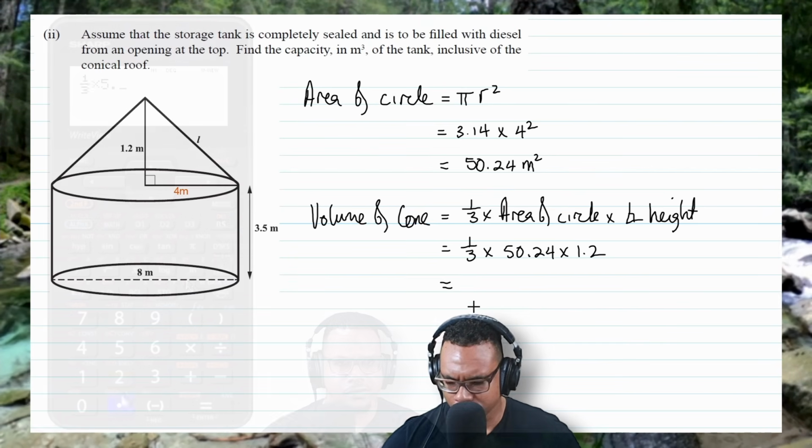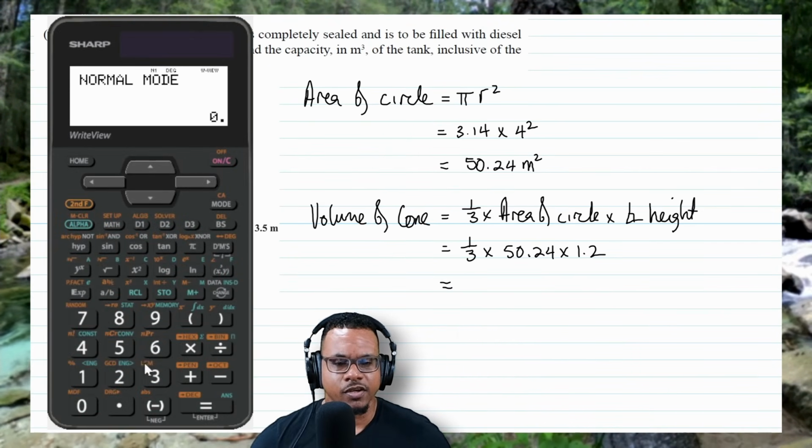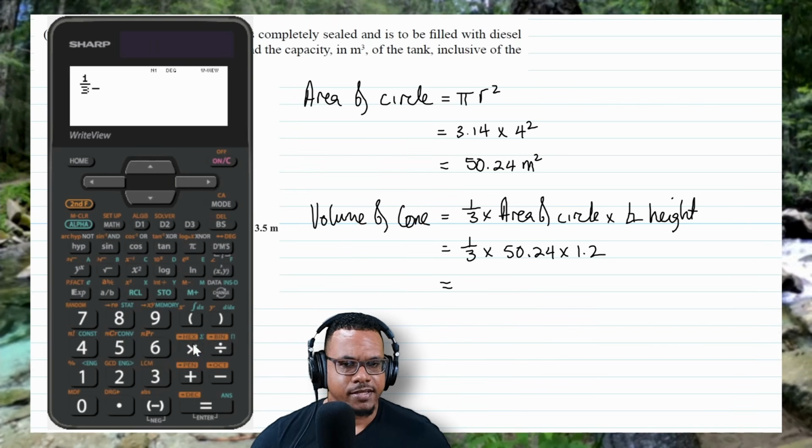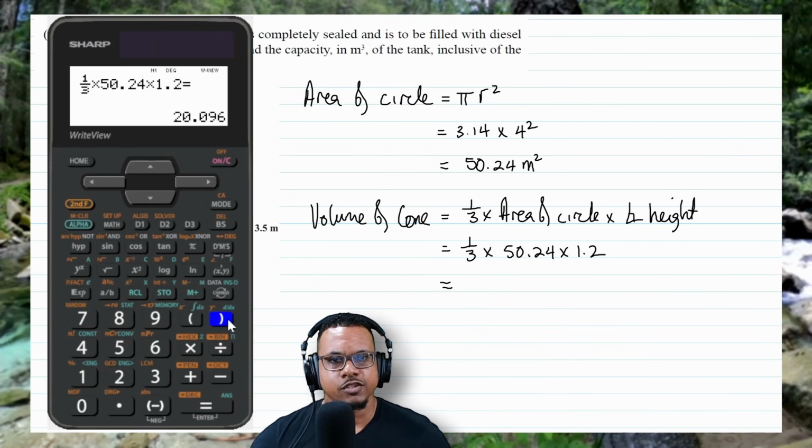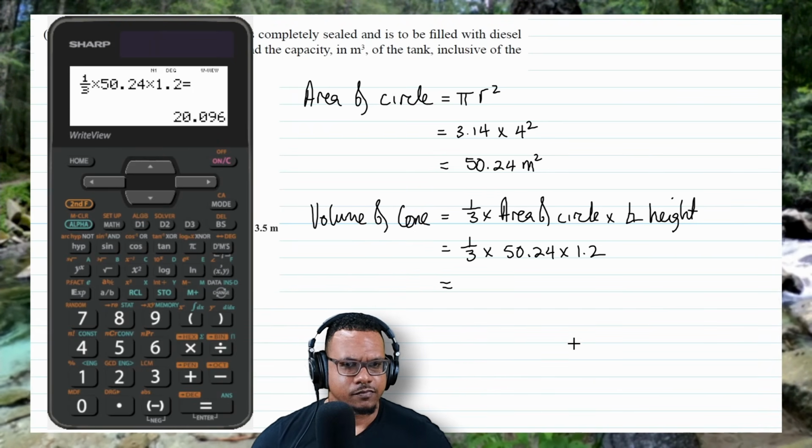On our calculator, we're going to have 1/3, multiplied by the 50.24, and multiplied by the 1.2. And we're going to get 20.096. I'll just write that as 20.1 meters cubed.